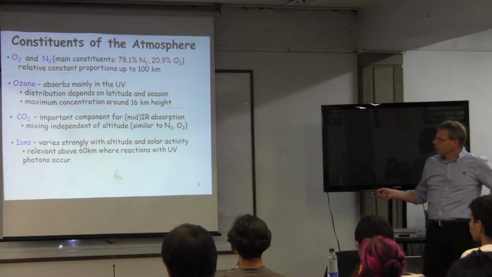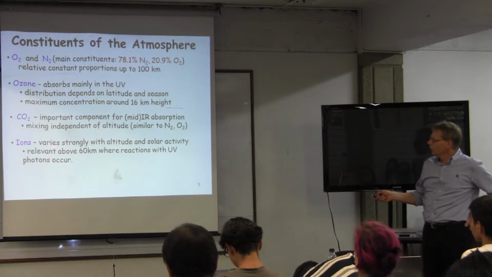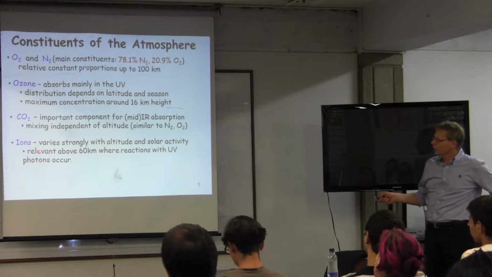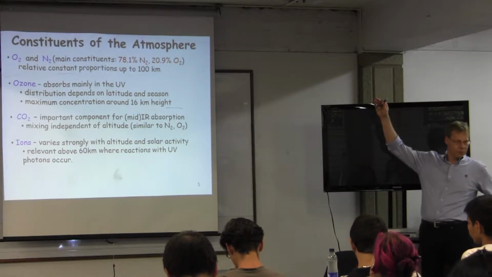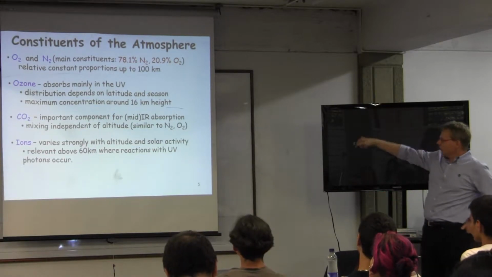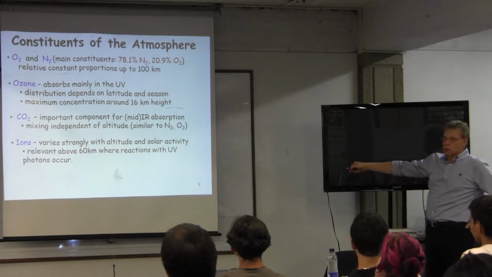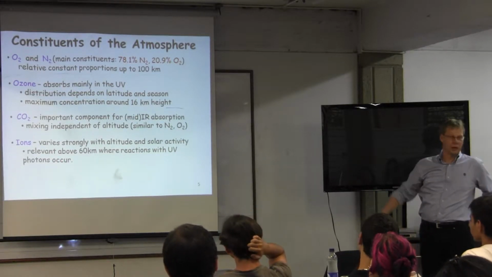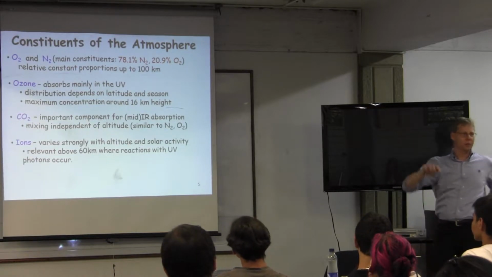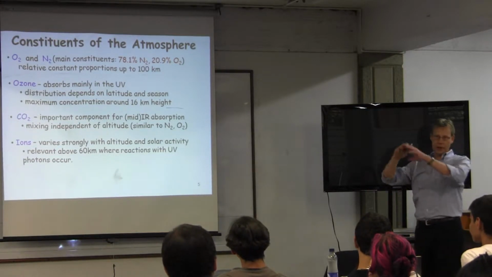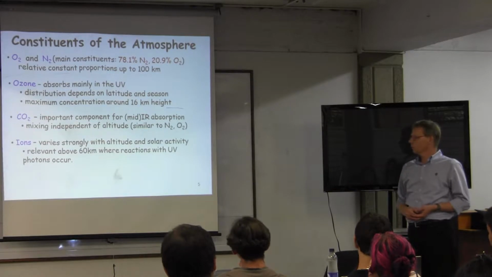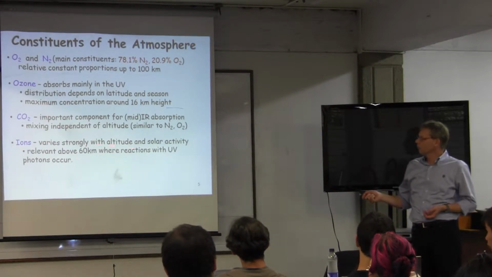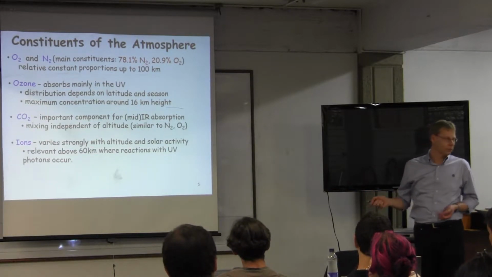Then we have ions. And those ions are mainly above 60 kilometers. And that is because the sun produces lots of UV photons. The UV photons from the sun bombard the upper layers of the atmosphere, and then they ionize whatever is up there.